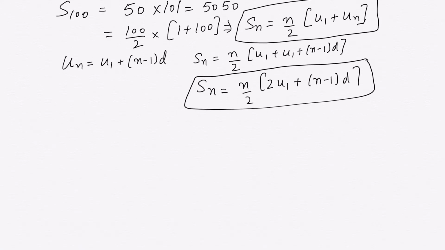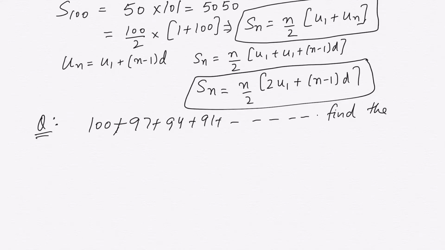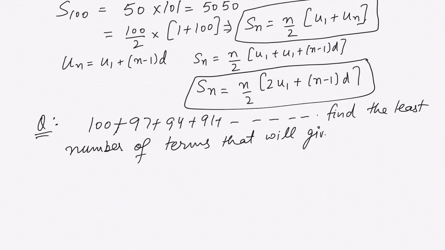They can ask you, for a given arithmetic series, let us say 100 plus 97 plus 94 plus 91, like this. This is an arithmetic series, and because the series is decreasing, since d is negative, they can ask you to find the least number of terms that will give a negative sum.